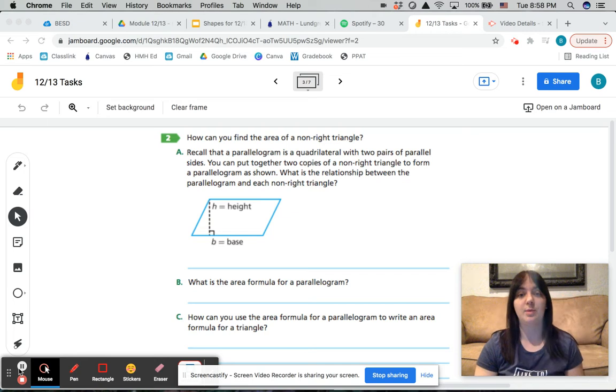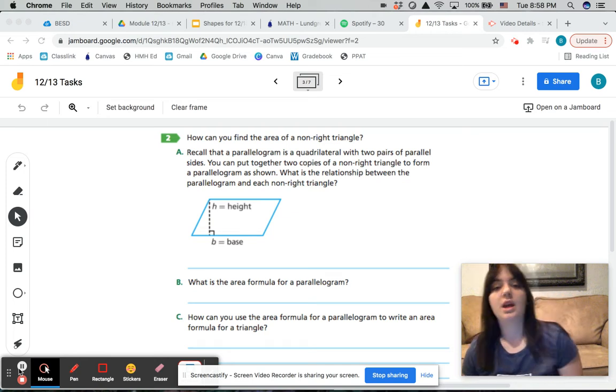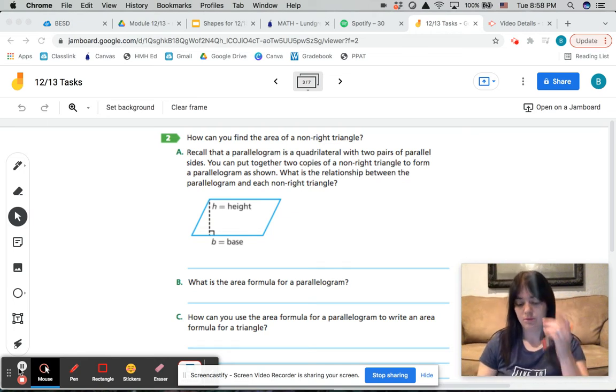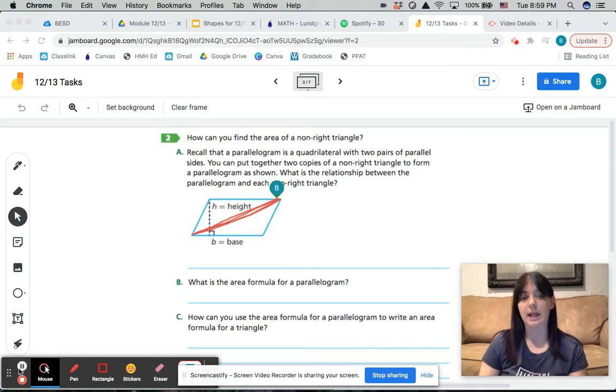So we have a parallelogram here, and I'm going to show you the relationship of the parallelogram and each non-right triangle. I'm going to use red for this, and I cut this in half from corner to corner like that. That was not a very well drawn line, so just pretend it's a perfect, beautiful red line.